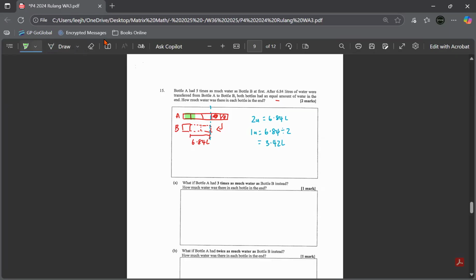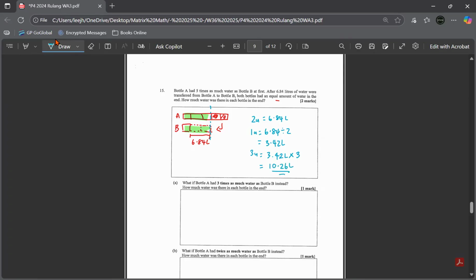Can you see? Each one has 3 units in the end. Right? So I'm looking at 3 units. So 3.42 liter times 3. Answer for this one is 10.26 liter.